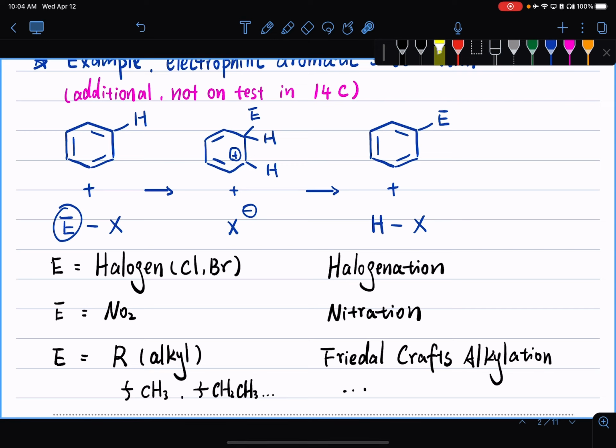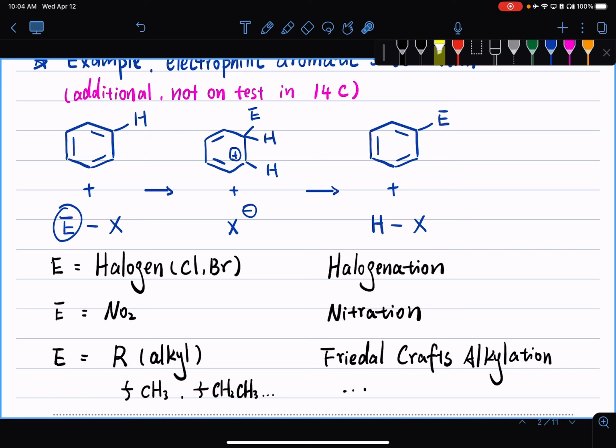Depending on what your electrophile, or what your E, is and what your X is, you can have all kinds of reactions. I'm just showing some examples here. If your electrophile is a halogen group, people call it halogenation. If your electrophile is NO2, people call it nitration. And if your electrophile is an alkyl group, when I say alkyl, it basically means methyl, CH3, ethyl, CH2CH3, etc., that's called the Friedel-Crafts alkylation.